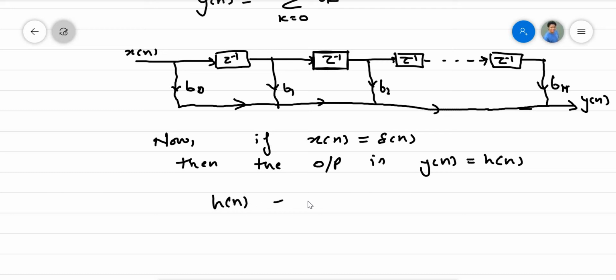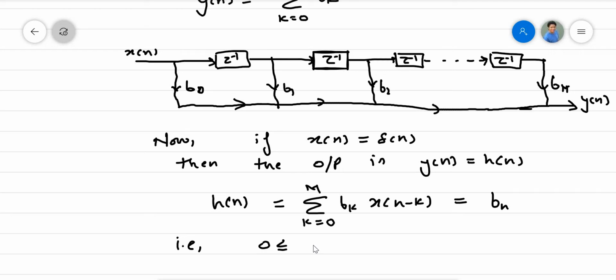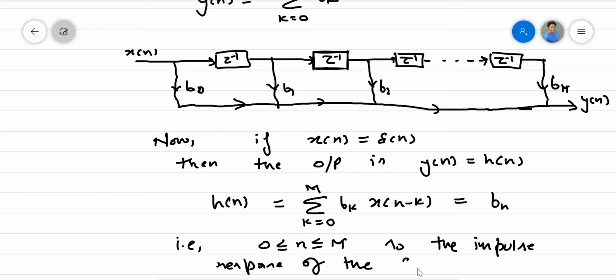Then h[n] will be equal to summation k equals 0 to M b_k delta[n-k], which is equal to b_n. Now we know n varies from 0 to M. So the impulse response of the system is finite.